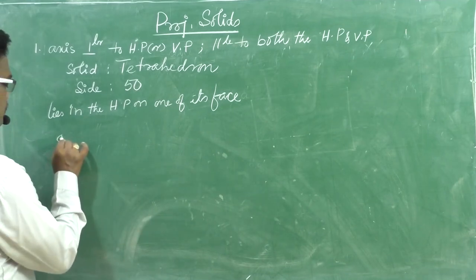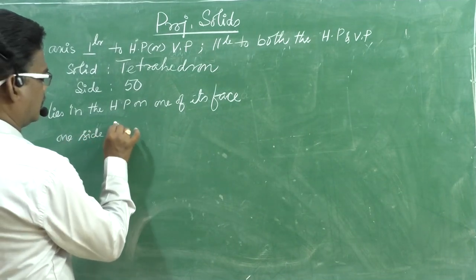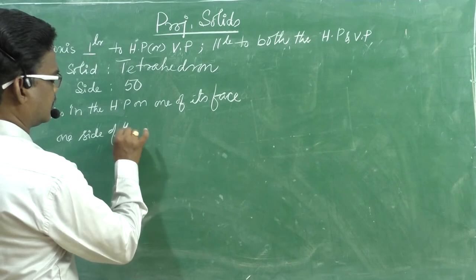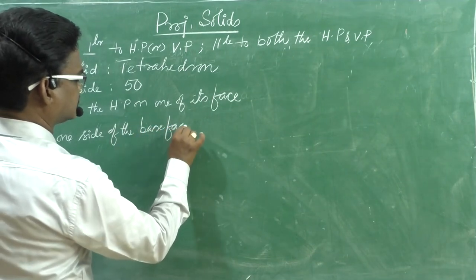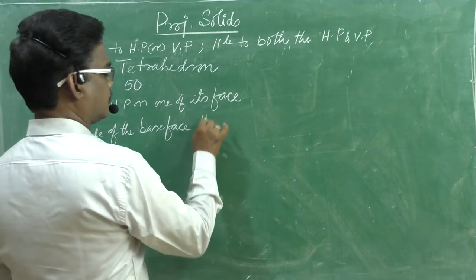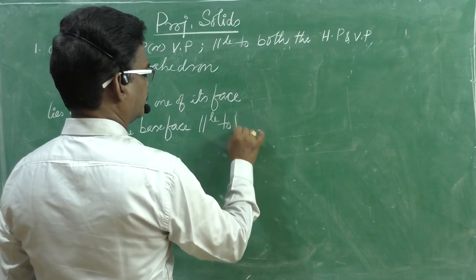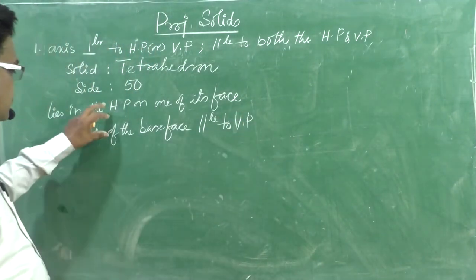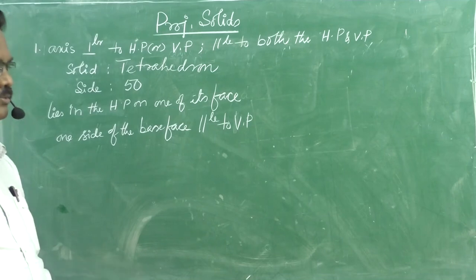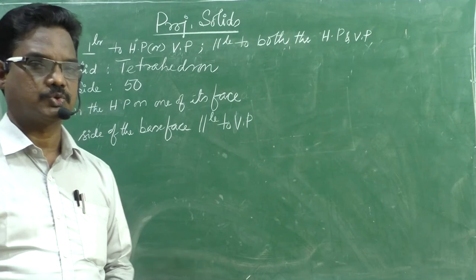Okay, one side of, I can call that the base face. One side of the base face is parallel to VP. Parallel to VP. Okay, these two are enough to look at the position of the respective solid.